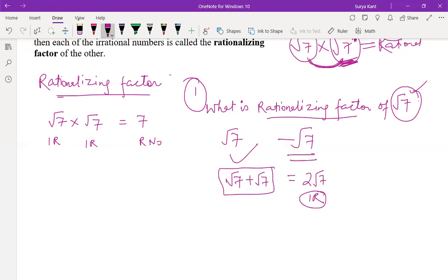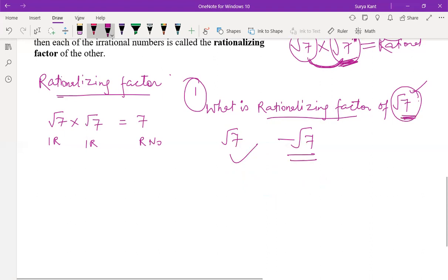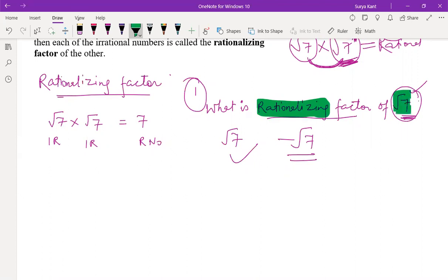I'm asking the rationalizing factor, meaning what you multiply with root 7. You people are not understanding what a rationalizing factor is, I think. Rationalizing factor means the number which you multiply with this number, after multiplying, you are getting a rational number.